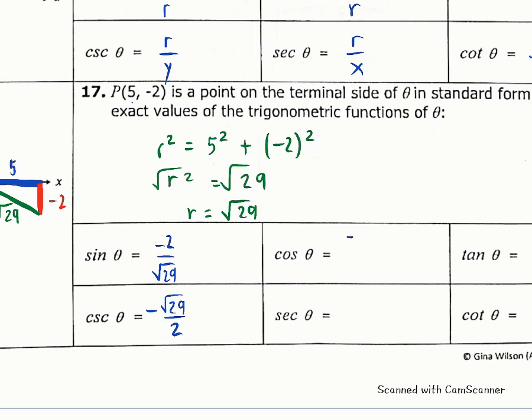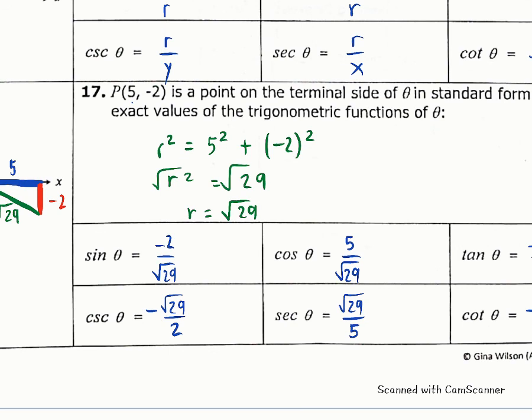What's x? 5. So 5 over the square root of 29. For secant, flip it. Square root of 29 over 5. And then finally for tangent, opposite over adjacent, y over x. What's y? Over x. So cotangent, we do what? Flip it.